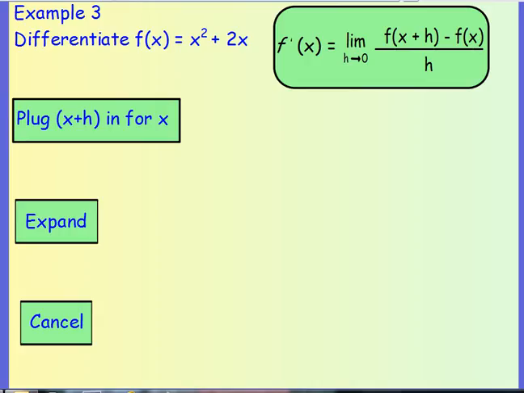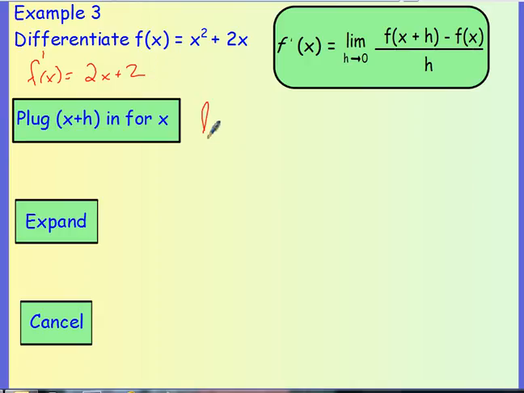All right, so here we go. f of x is x squared plus 2x. So let's get my answer. Agreed? All right, let's do the fun stuff.